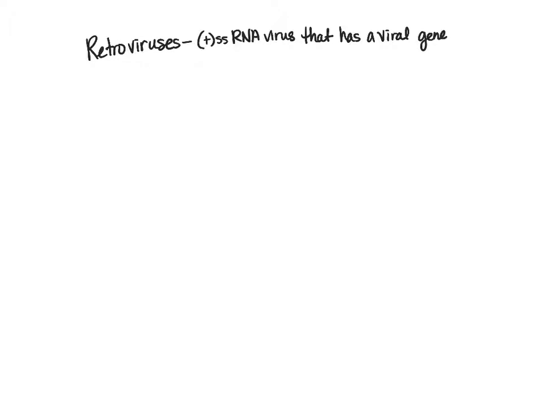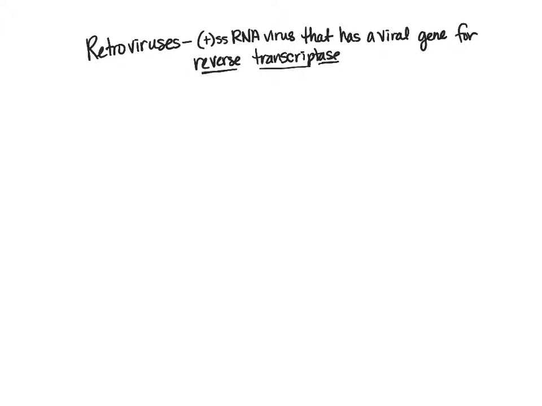A viral gene, meaning that it brings it with it, for reverse transcriptase. The "ase" meaning enzyme. So if you look at the name of this enzyme, reverse, so going backwards, right, transcribing enzyme. So it's an enzyme that is going to reverse transcribe.